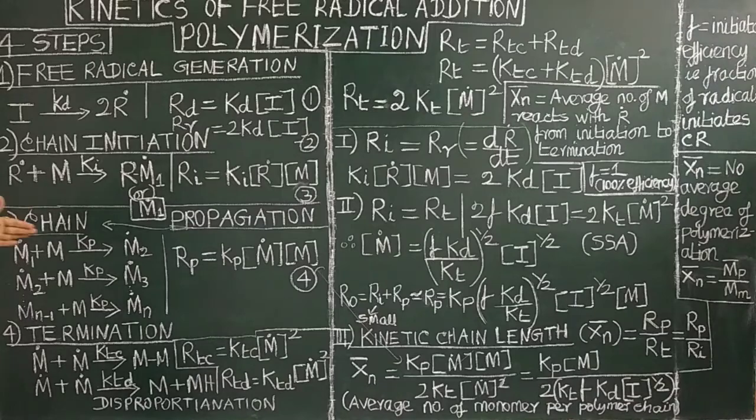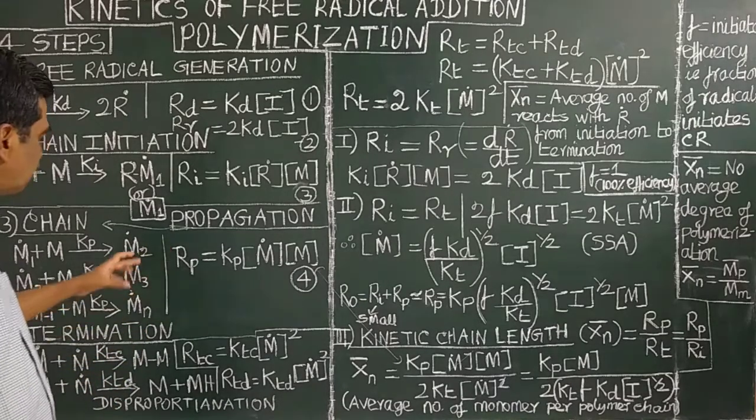Now let us study the chain propagation step. This is very, very important. Here M1 dot, the monomer radical, reacts with another monomer to give M2 dot, and again M2 dot reacts with another monomer molecule to give M3 dot, and so on to give Mn dot.